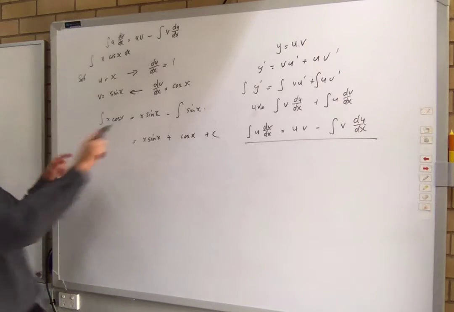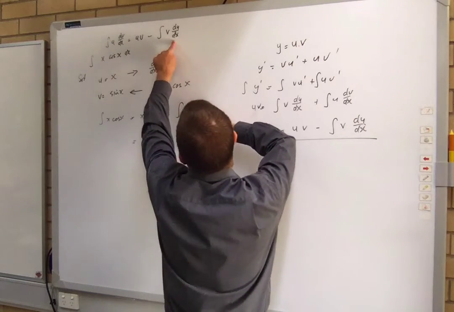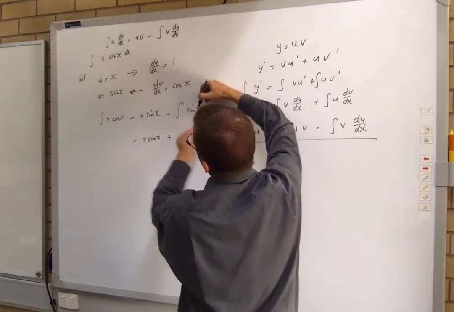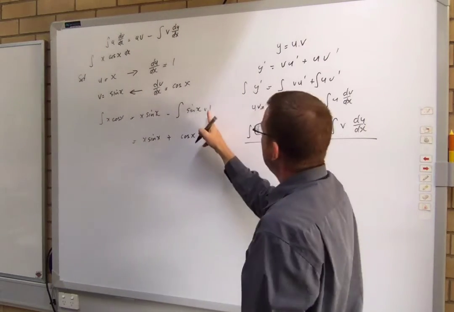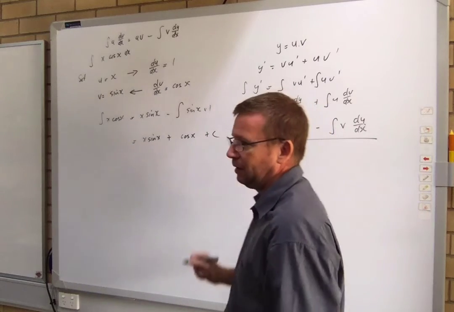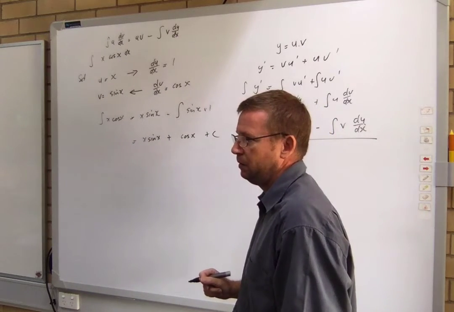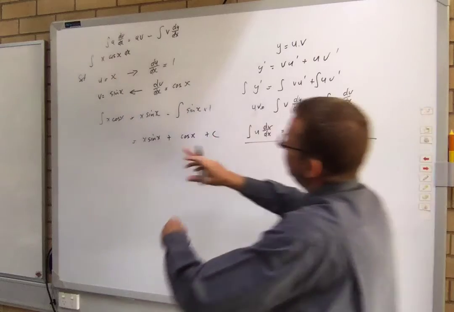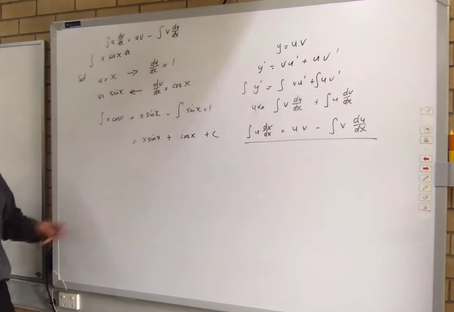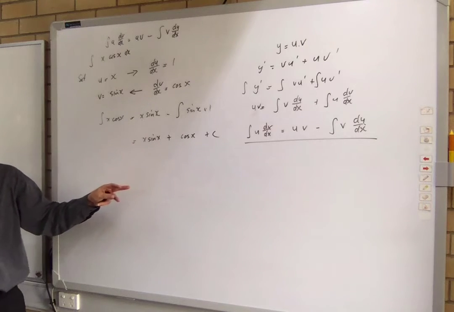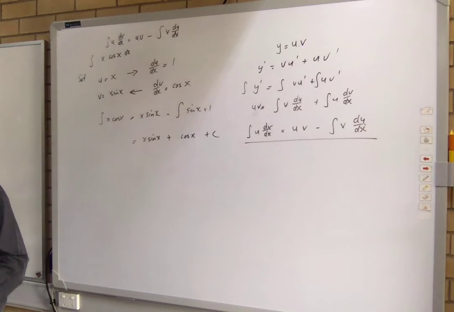Now there's a times by 1 because it was v du dx, there's a times in there. That's my v, and I'm multiplying by 1. Because it's simpler, the 1 just goes. So that's a nice simple application, setting u, and this derivative just sort of falls away and out pops the answer in a couple of lines.